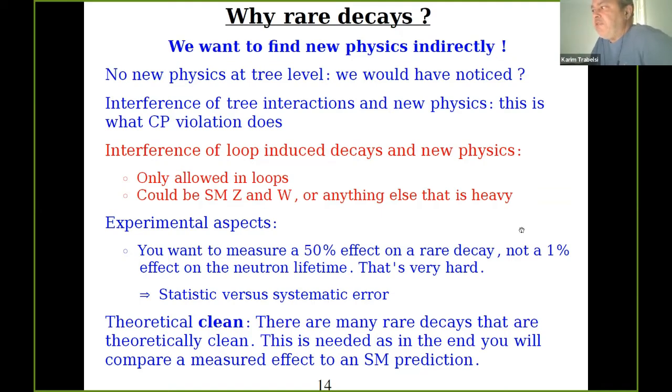If it's a tiny effect, here I talk about 1% or less, then you will compete with the systematics. So we go back to the naive conclusion we had with the Rutherford experiment of controlling your environment with higher accuracy.